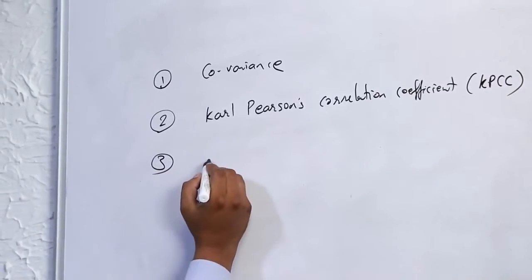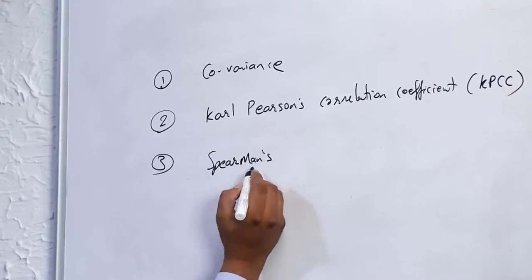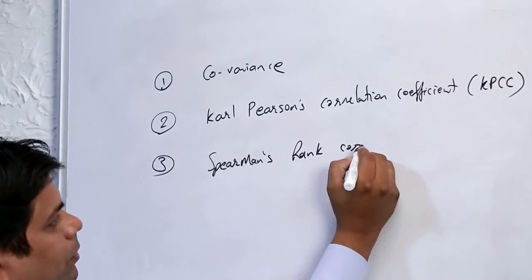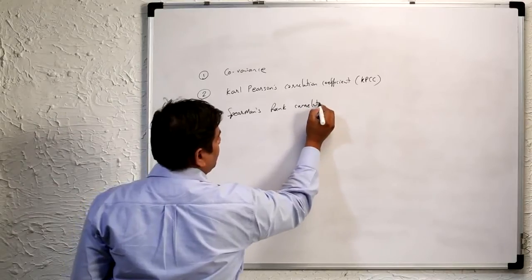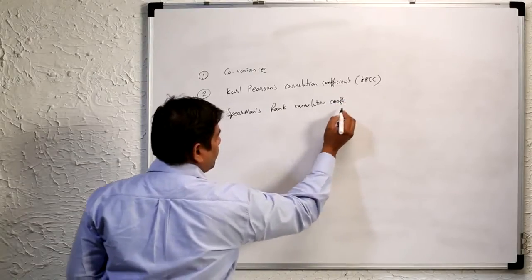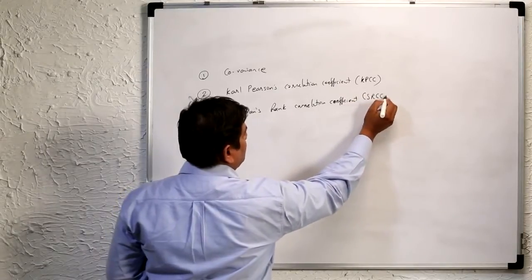Third is called Spearman's rank correlation coefficient, which is SRCC.